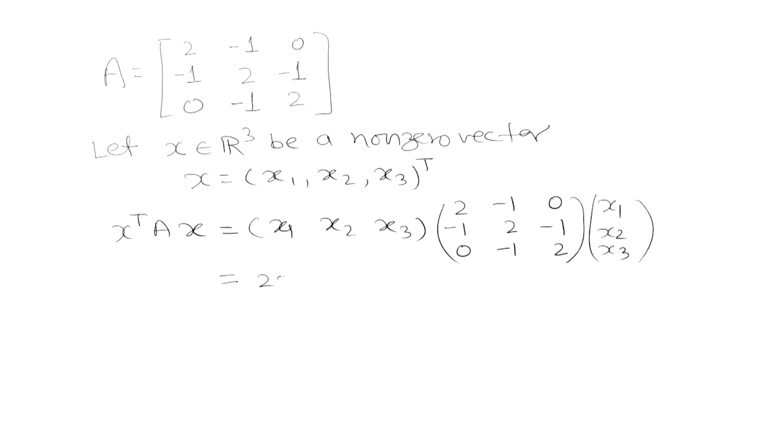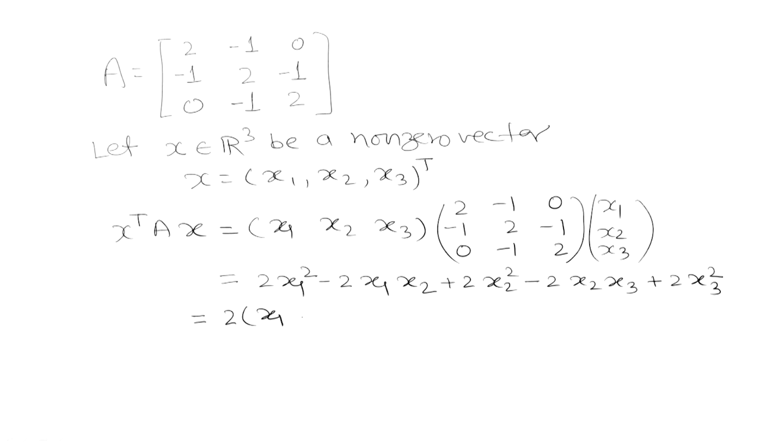This comes out to be 2 x1 square minus 2 x1 x2 plus 2 x2 square minus 2 x2 x3 plus 2 x3 square.